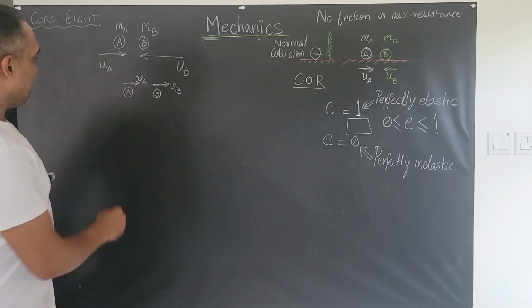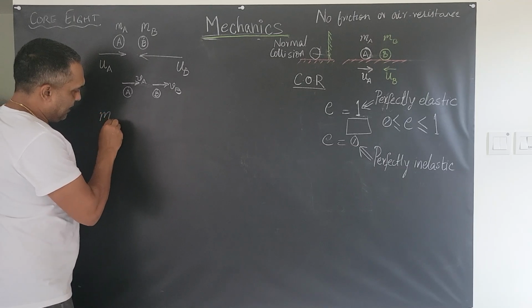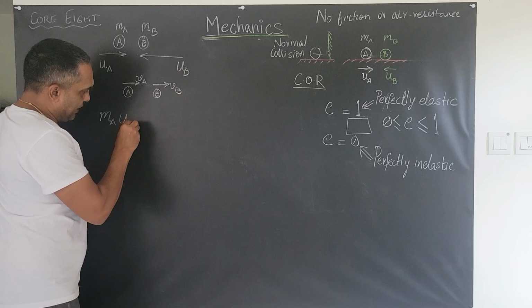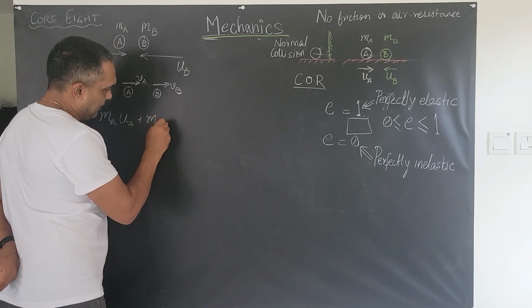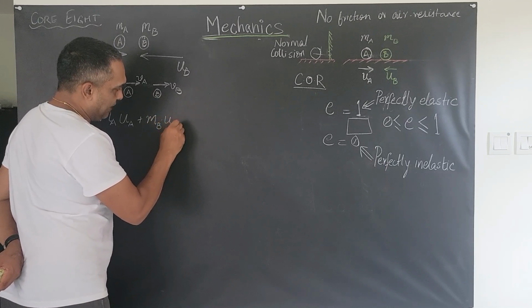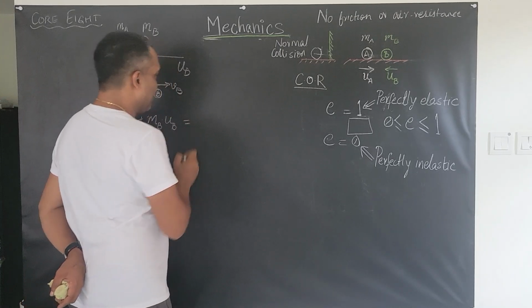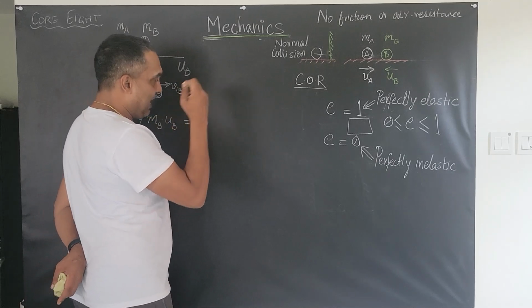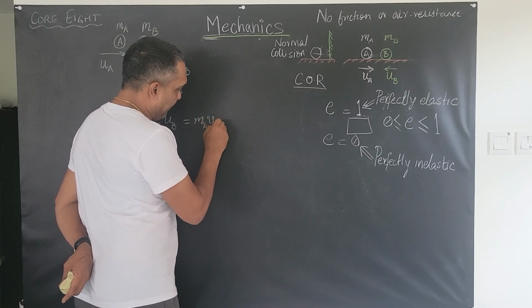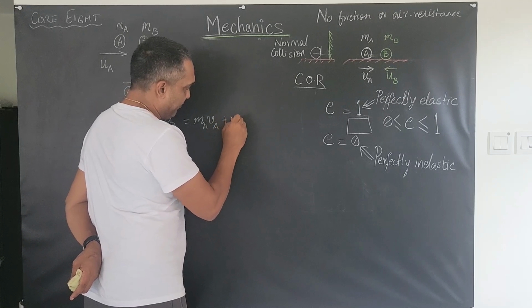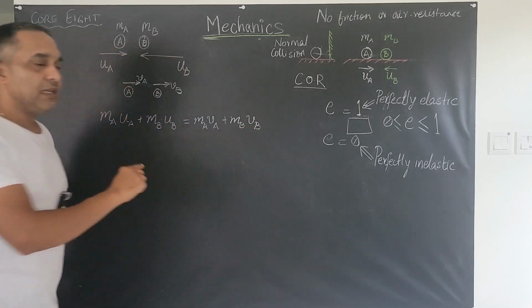So that means you have to see the total momentum of the system just before impact, which is mass of A times the initial velocity of A plus the mass of B times the initial velocity of B. That's the total momentum just before impact, which should be equal to the total momentum after impact, which is mass of A times final velocity of A plus mass of B times final velocity of B. That is the conservation of momentum.